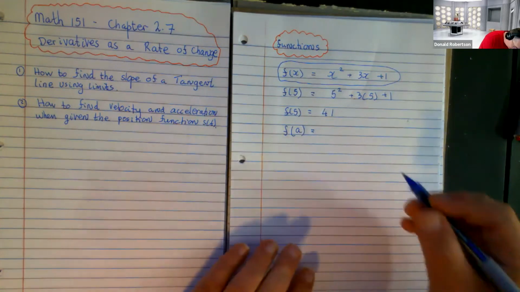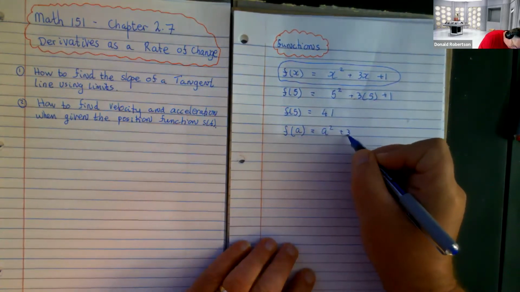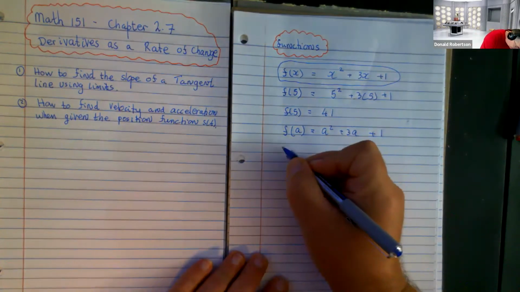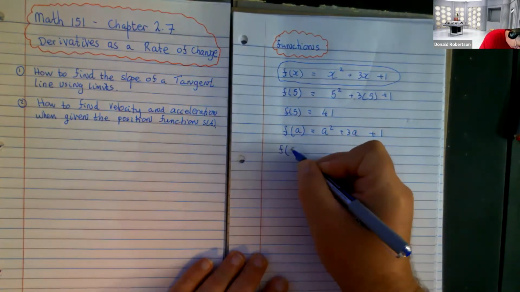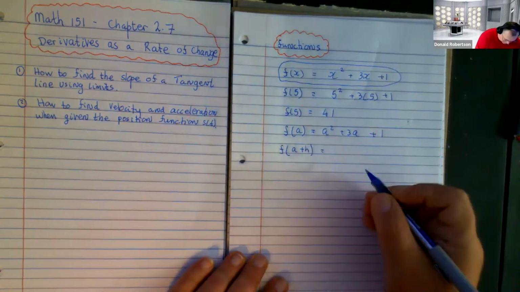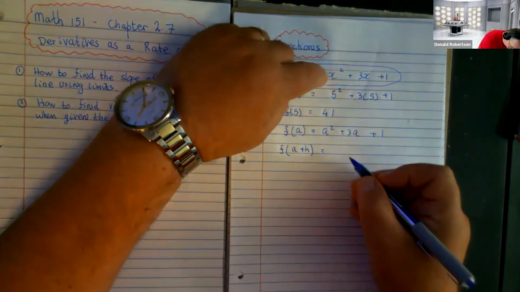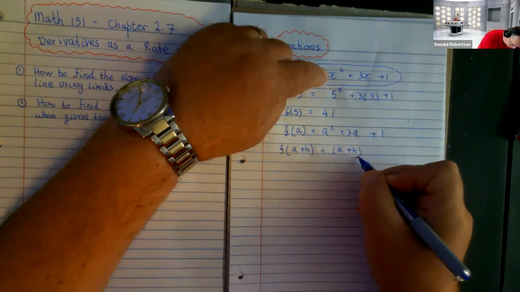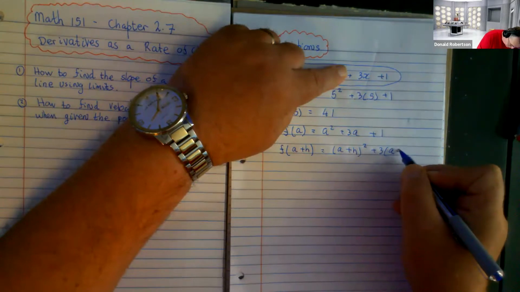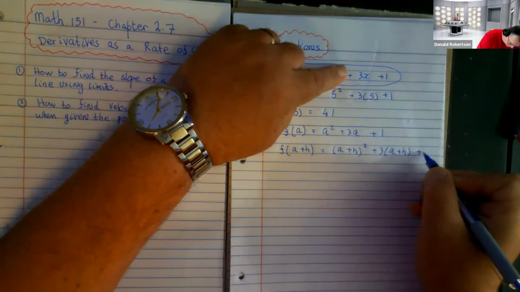So you would have a squared plus 3a plus 1. And you can even find things like the value of the function at a plus h. And that's a little bit messier, but it would be (a plus h) squared plus 3 lots of (a plus h) plus 1, right?